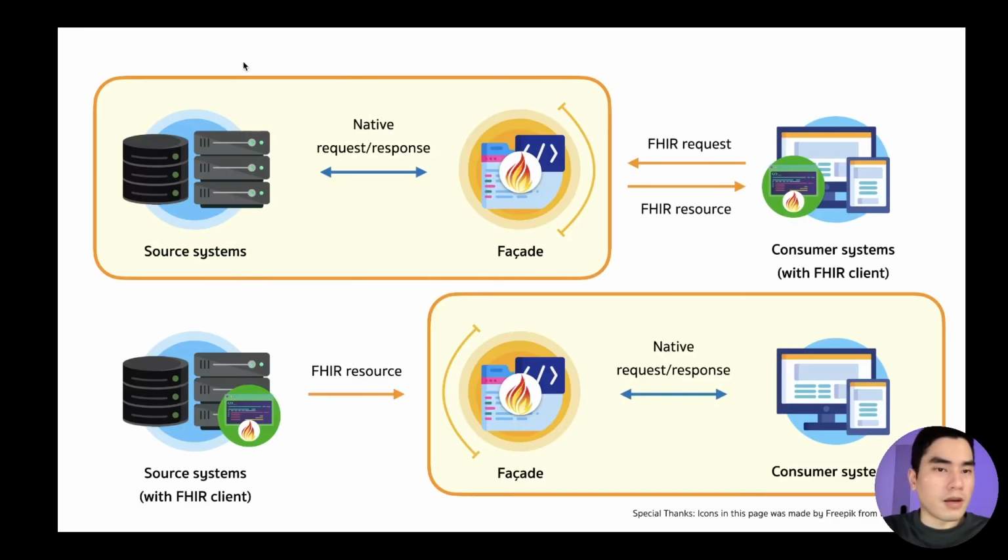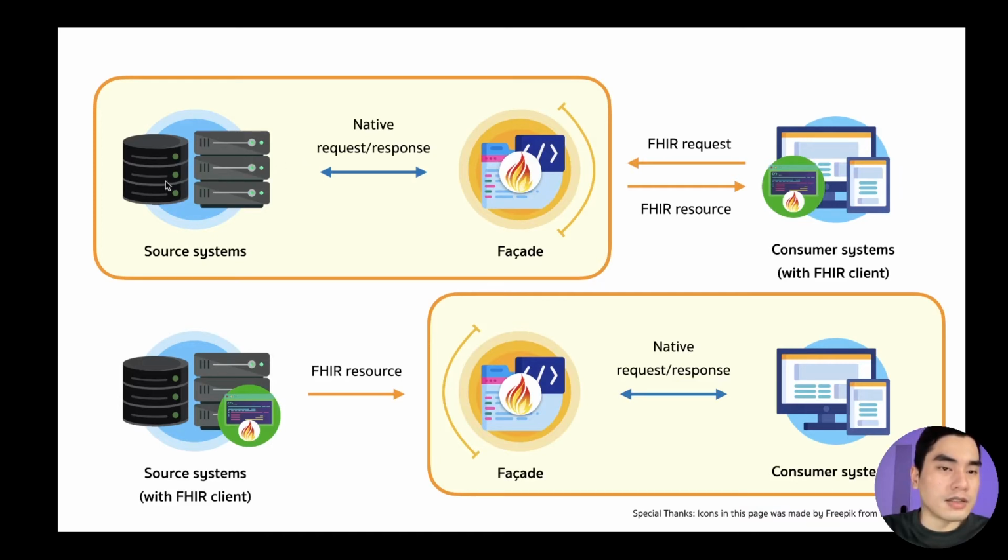Okay. There are mainly two ways that we can implement a facade. The first one is we put a facade on the source system, and the second one is we put it on the consumer system. First, if we put the facade on the source system, when the consumer system that has the FHIR client wants to retrieve the data from the source system, the consumer system makes a FHIR request because it has a FHIR client. It makes a request to a facade, and the facade converts that request into a native request.